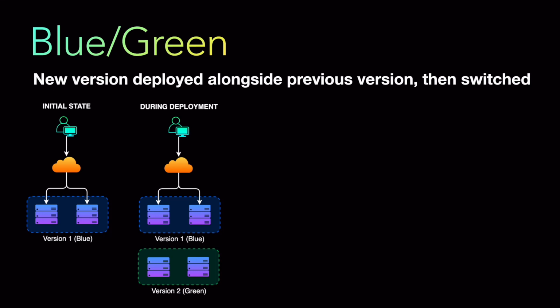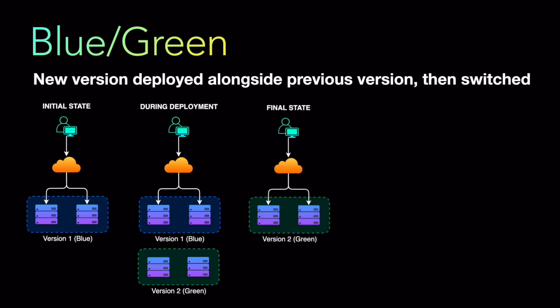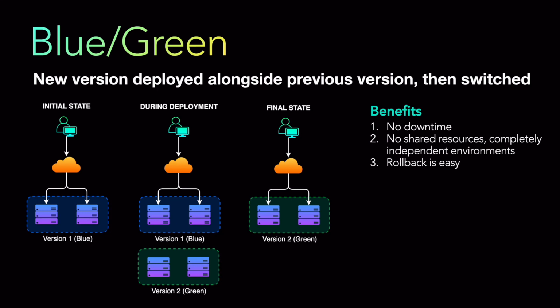But the green environment might not be serving any traffic. And in the final state, you are completely doing a cutover of the traffic to the green environment, and the blue environment is no longer present, right? So that is the blue green deployment or the red black deployment. What are the benefits? No downtime, because we are obviously serving the traffic during deployment.